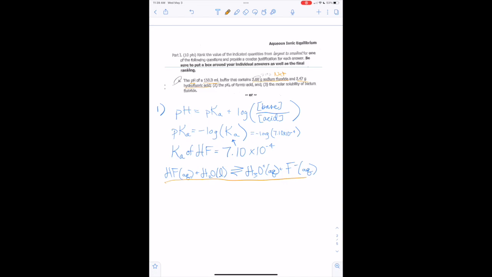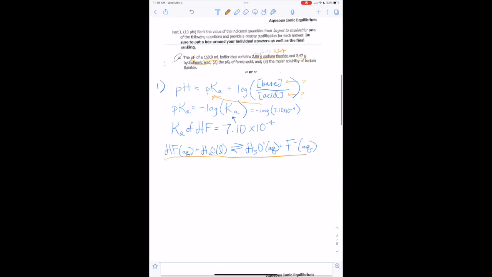I look up the Ka of hydrofluoric acid, and I get 7.10 times 10 to the negative 4th. So I know what my Ka is. It's just going to be the negative log of that number. So what I'm looking for is the concentration of base and the concentration of acid.